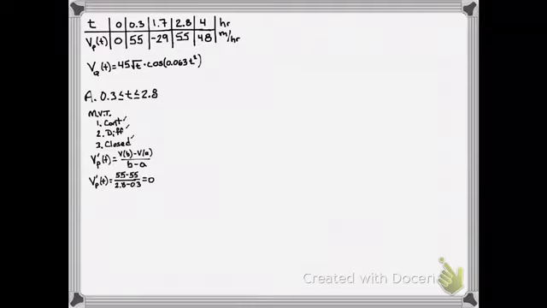But you can't just do that. You need to explain. It says justify why. So my justification would be because v is differentiable, that means it's continuous. It's continuous. There we go.